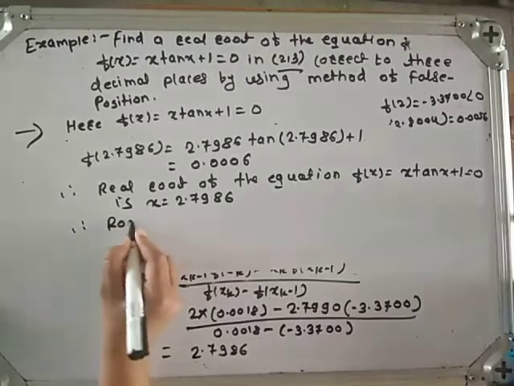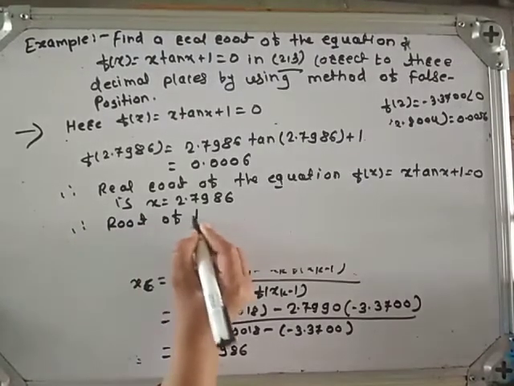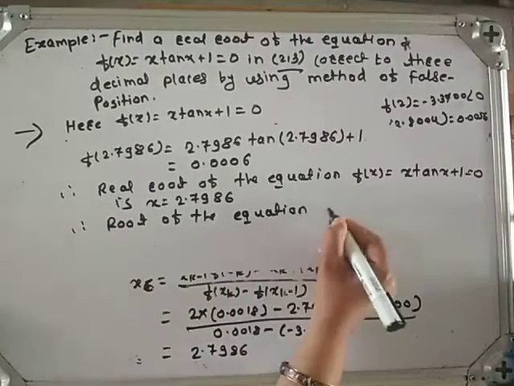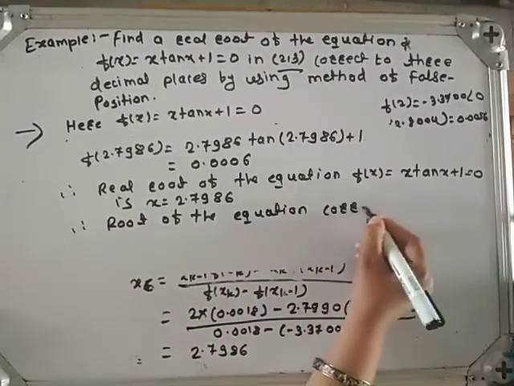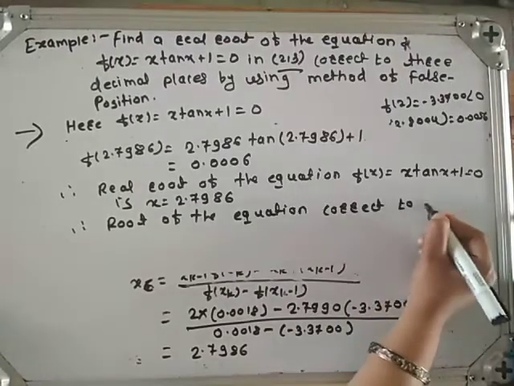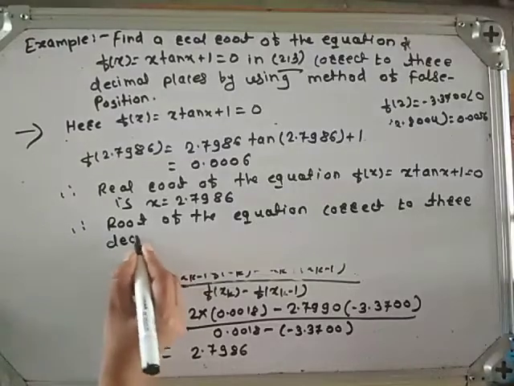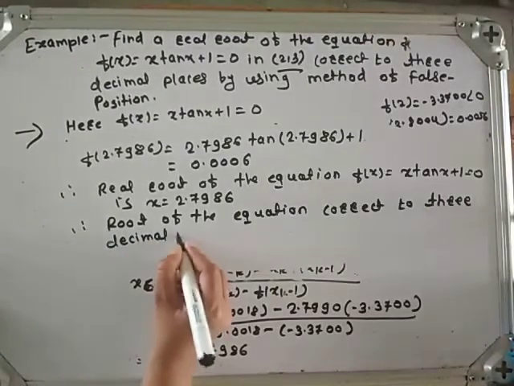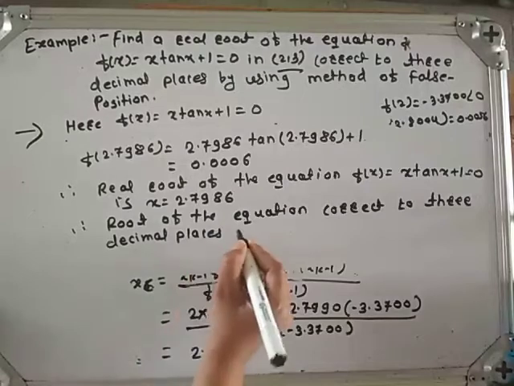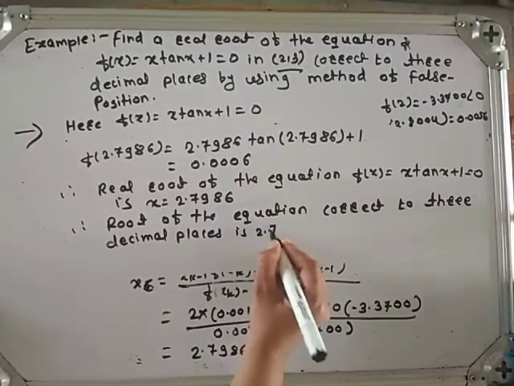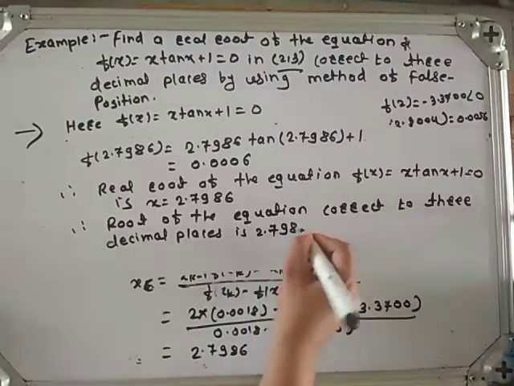Therefore, the root of the equation correct to 3 decimal places is 2.798.